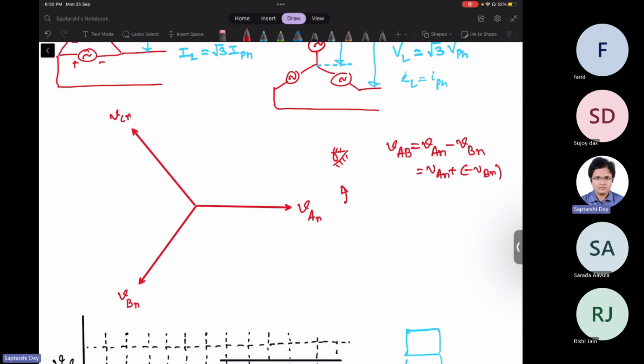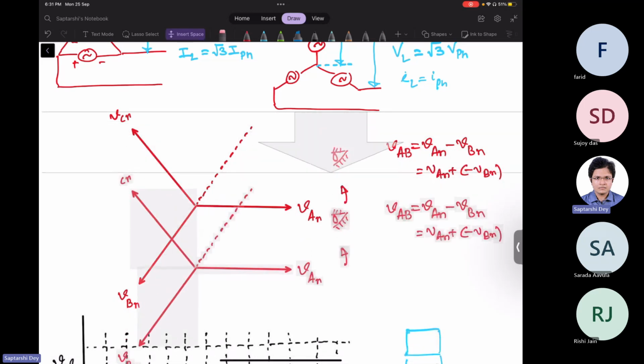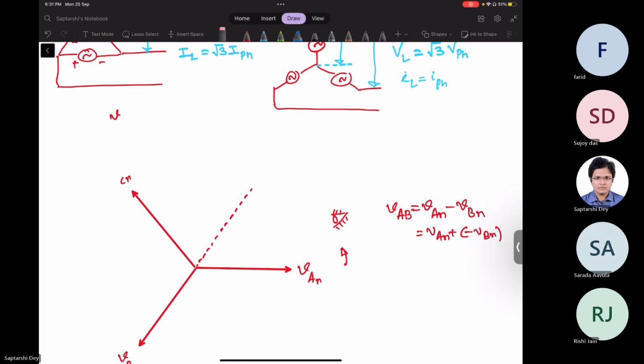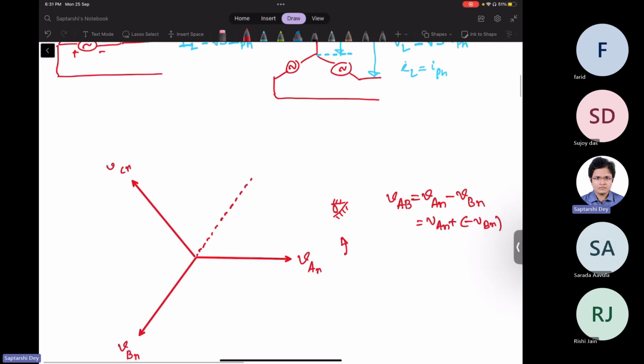So I have to draw minus BN first. I think I have to insert some space. So minus BN is here.